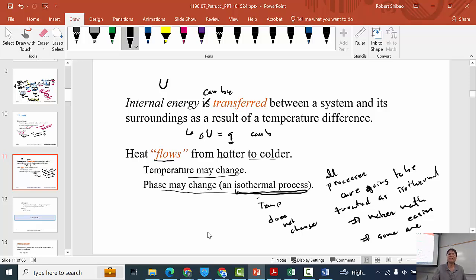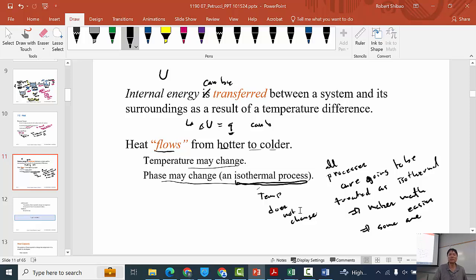So as you recall, we have to start dealing with some equations now. U is equal to E, which is equal to the sum of the kinetic energy plus the potential energy.